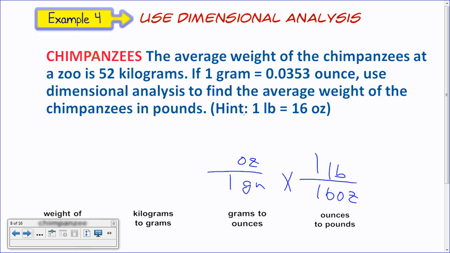Okay, so 1 gram is 0.0353. Now what? Kilograms to grams, right? Grams are gonna go where? Kilos on the bottom, right?